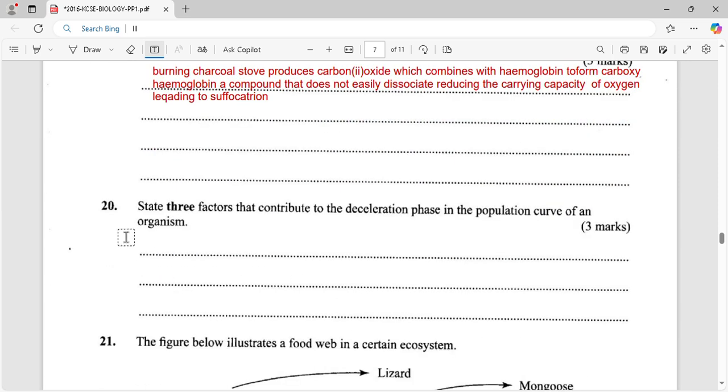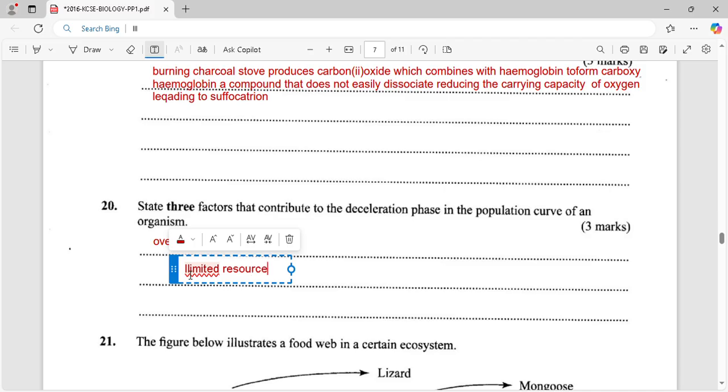Now, we go to question 20, where you are asked, state 3 factors that contribute to deceleration phase in a population curve of an organism. In short, you're being asked, state the factors that lead to reduction in population growth. There are several things that lead to reduction in population growth. Number 1 is overcrowding. The second factor is limited resources.